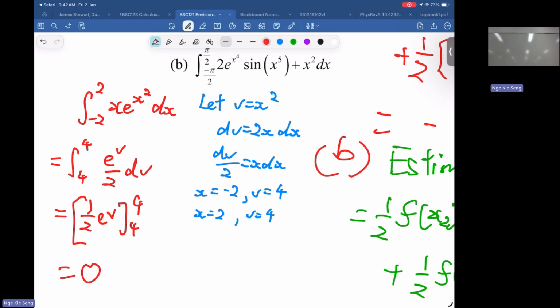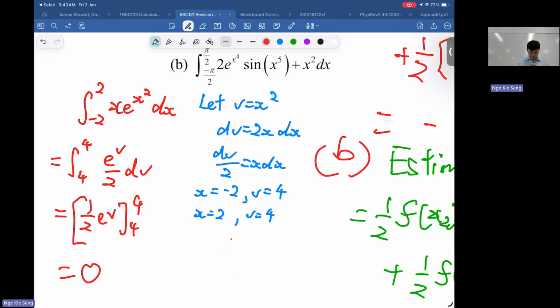Why is it odd? e to the x squared is even, because minus x, squared, is also x squared. So it's even, but x is odd. And this region is from -2 to 2, so it's symmetric about 0. If you integrate an odd function symmetric about 0, it is 0.